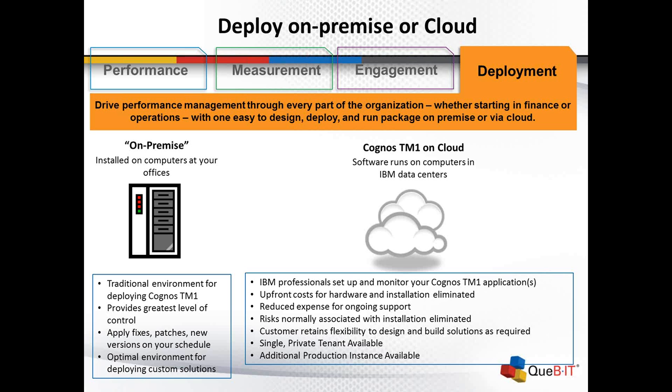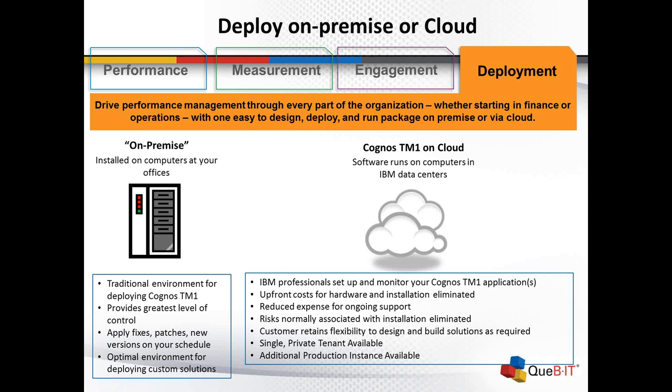But the key takeaway here is that IBM is now offering Cognos TM1 as a cloud offering. So if anybody wants to run it in the cloud and not host it themselves and pay a monthly fee to a cloud hosting organization, in this case IBM, then that is now an option.